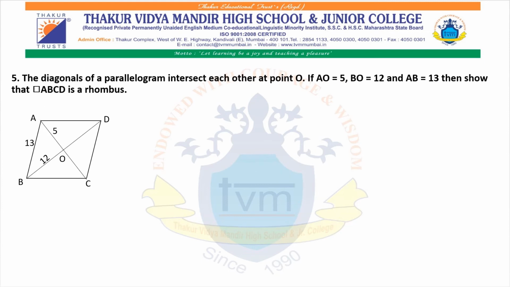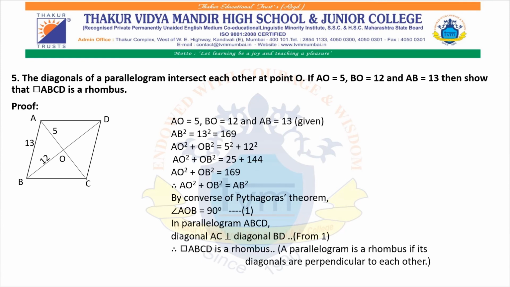Question 5. The diagonals of a parallelogram intersect each other at point O. If AO is equal to 5, BO is equal to 12 and AB is 13, then show that quadrilateral ABCD is a rhombus. Proof. AO is 5, BO is 12 and AB is 13, that is given.